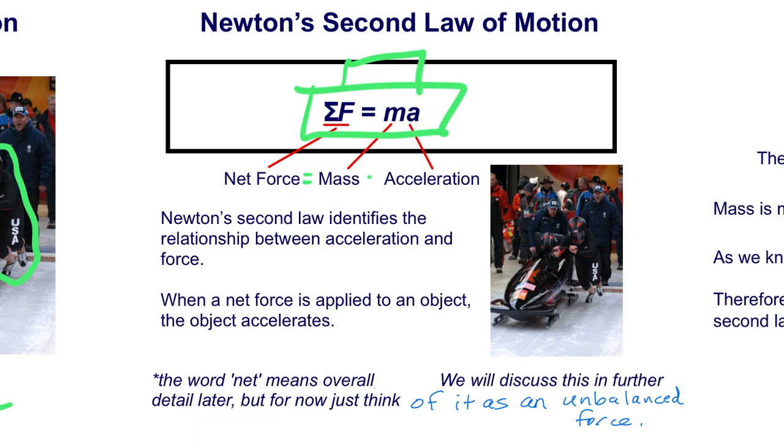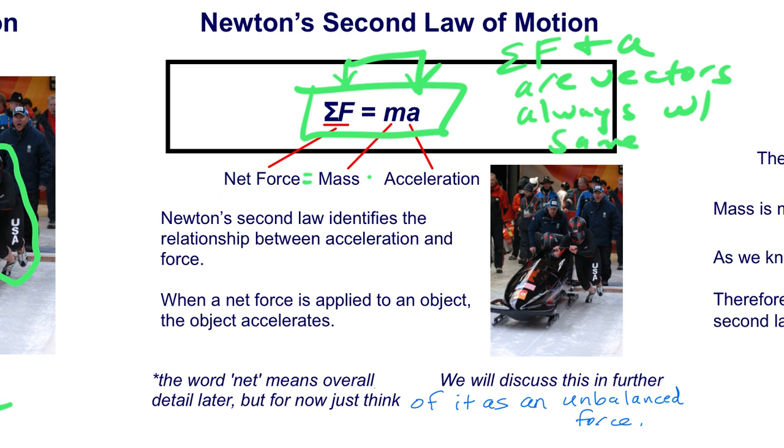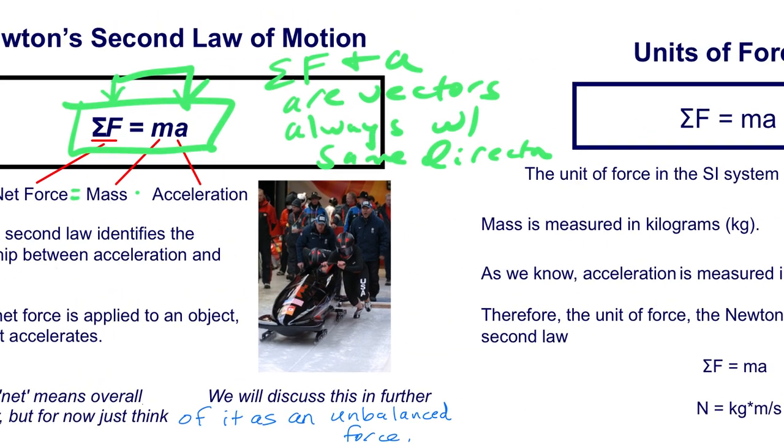A vector needs direction in order to define it. And the net force is a vector with a direction. The net force and the acceleration are vectors always with the same direction. Okay, so the direction of net force is the same as the direction of the acceleration given to the object. Now, that net force could slow down or speed up the object, like I just said before.